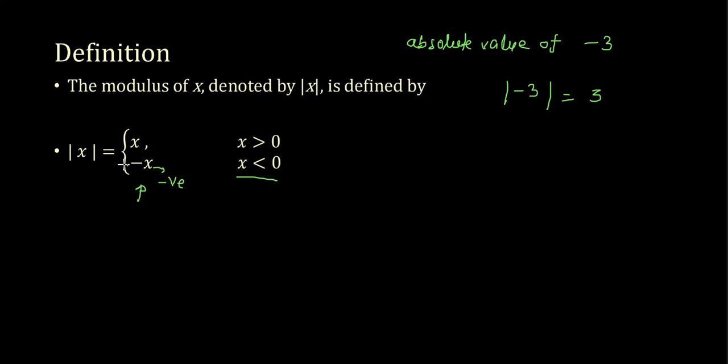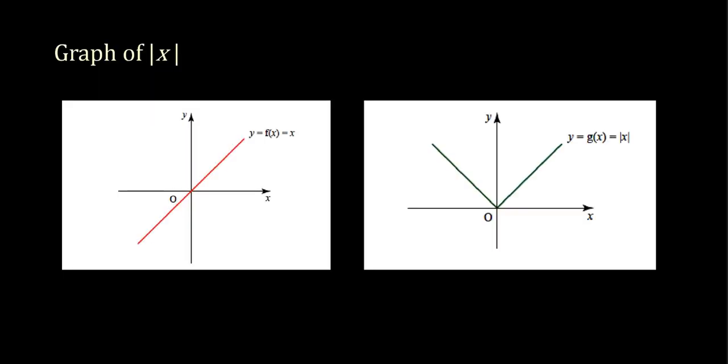Let us look at how the graph of this function mod x looks. Figure number 1 shows the graph of y equal to x. Y equal to x is a straight line whose slope, or gradient, is plus 1, meaning it is making an angle of 45 degrees with the x-axis.